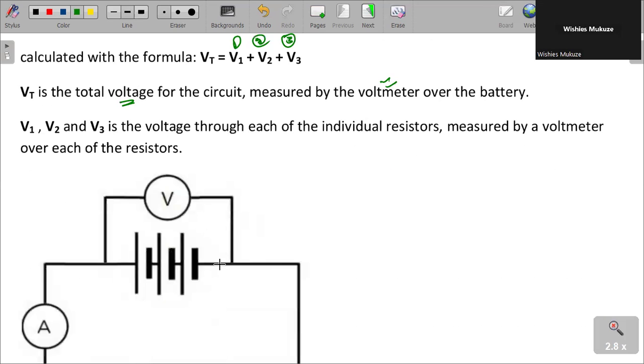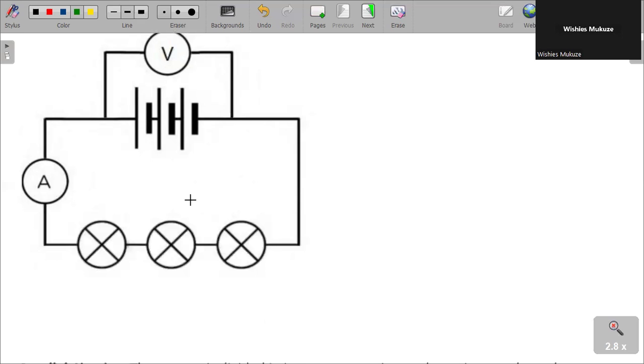And then V1, V2, and V3 are the voltages through each of the individual resistors, measured by the voltmeter over each of the resistors, as given in the example here: V1, V2, V3.